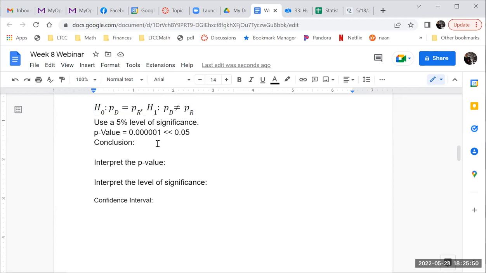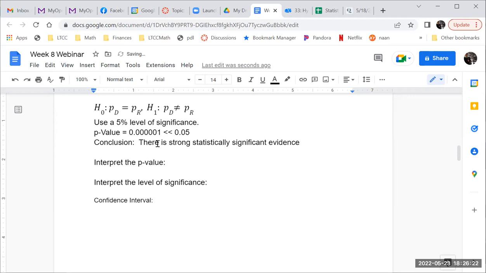What's the first word I should write? There. Nothing changes. And next word? Is. Wasn't a trick question. And then I'm going to write strong. When it's really small like that, usually use the word strong, statistically significant evidence.